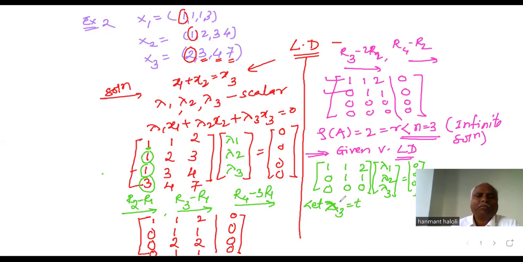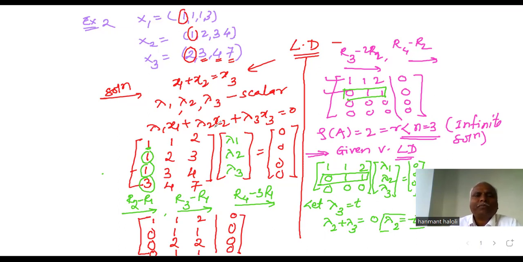Then the remaining from the second equation: lambda 2 plus lambda 3 is equal to 0. Therefore, you get lambda 2 equal to minus t, by putting lambda 3 equal to t.